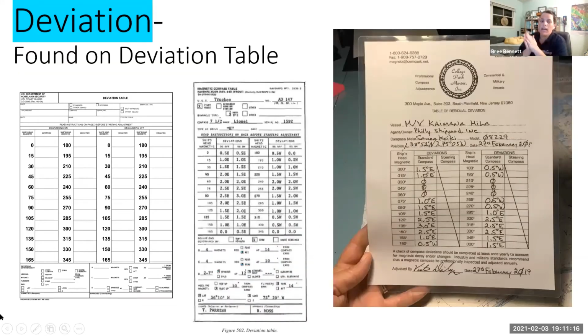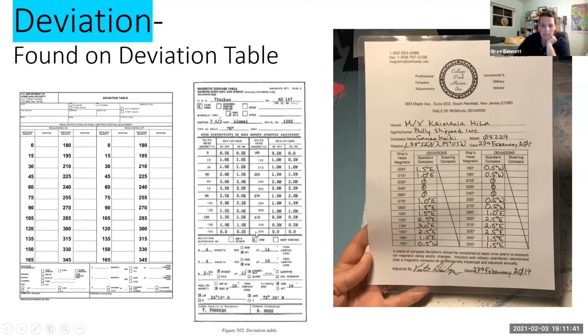Okay, so how do we calculate this deviation? We find our deviation using deviation tables. I'll explain my pictures here. The one on the left here is the standard deviation table from the US Coast Guard for anybody to fill out on their own.